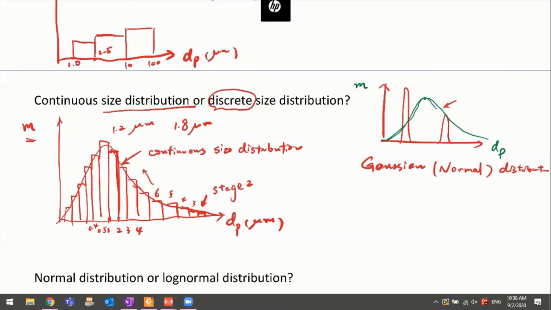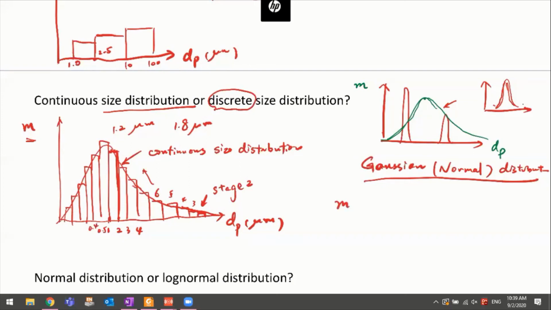right? Normal distribution is something that has the highest concentration in the middle, and then has lower concentration or lower values at the two tails. So people first try to describe these size distributions with the Gaussian distribution.